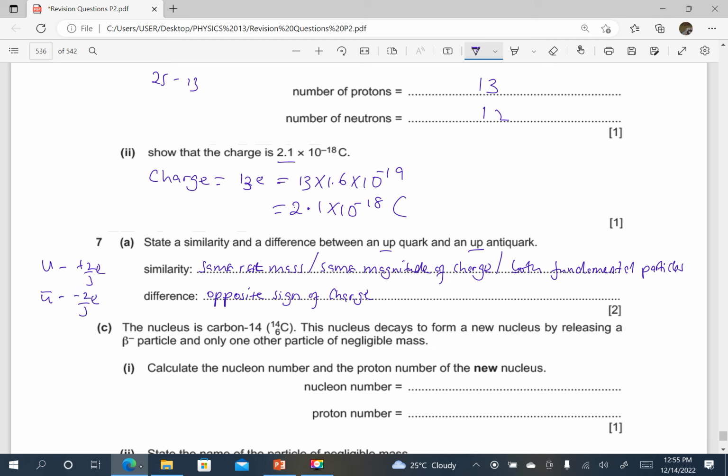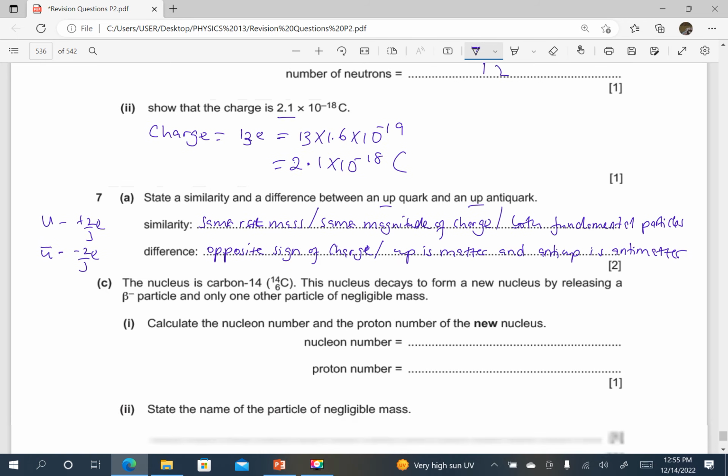So they have opposite sign of charge. Then number 2, up is matter. An up quark is matter and anti-up is antimatter. So that is a difference.